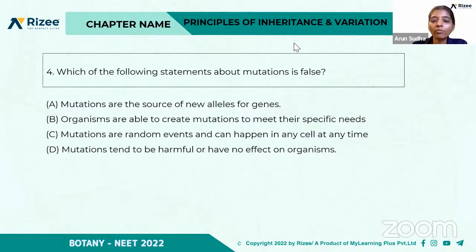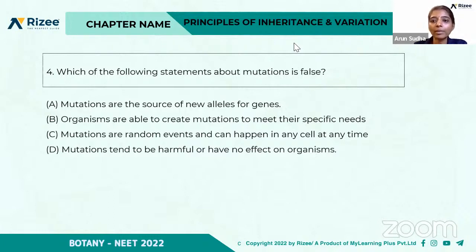So which of the following statements about mutations is false? Mutations are the source of new alleles for genes. Organisms are able to create mutations to meet their specific needs. Mutations are random events and can happen in any cell at any time. Mutation tends to be harmful or have no effect on organisms.